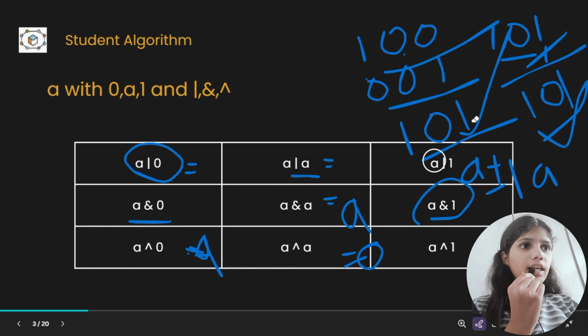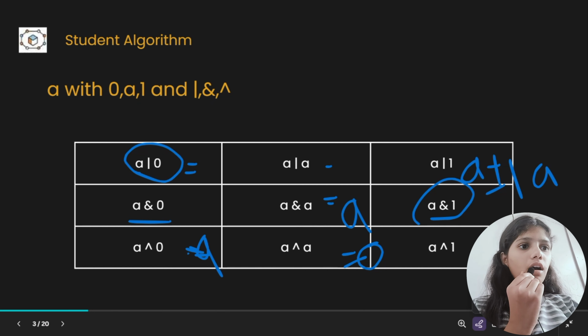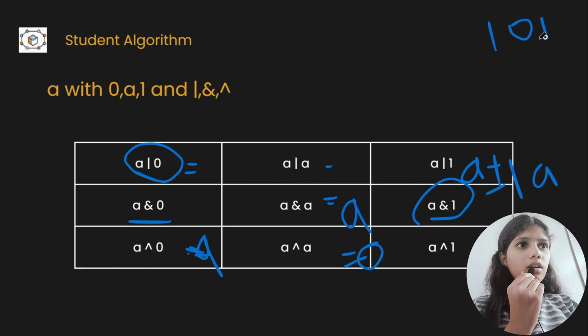And then let's move to A AND 1. So what does this A AND 1 tell us? Now 1 0 1 and 0 0 1. Now 1 AND 1 gives you 1, 0 AND 0 is 0, anything with 0 is 0.